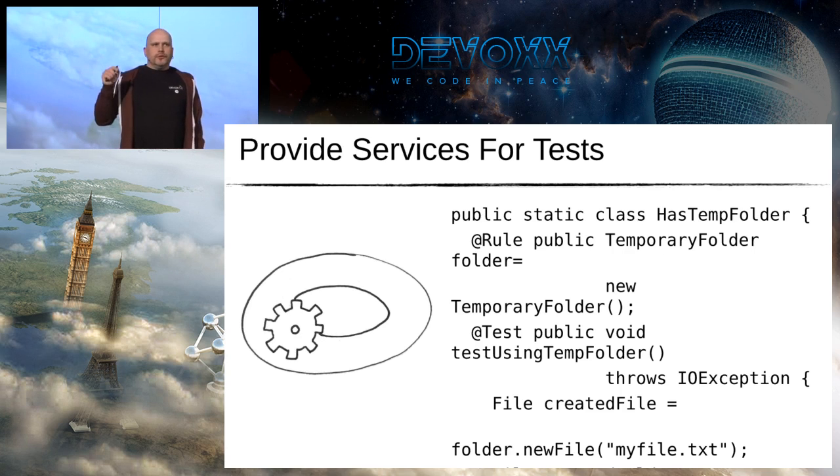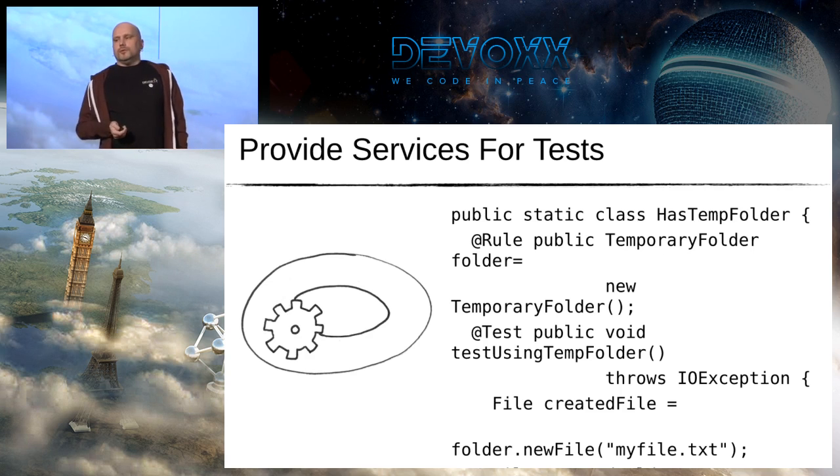Another kind of these service rules is the exception collector. We all know a good test should have one assertion at the end, but in some cases, that just doesn't work, and you want multiple assertions. But then you get the problem, which is the reason for having only one, that you always only get the first failure. So what do you do if you have 3 assertions and would like to get all 3 test results?